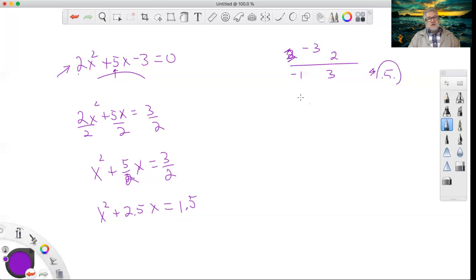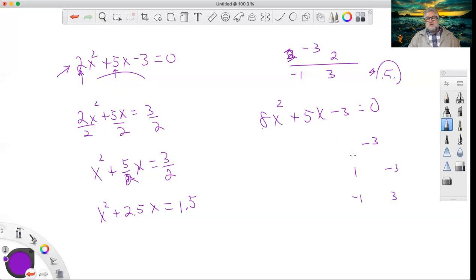Sometimes when this is a big number, if it's 8x squared plus 5x minus 3, well, now this is a problem because you're trying to make a negative 3. So 1, negative 3, negative 1, 3.